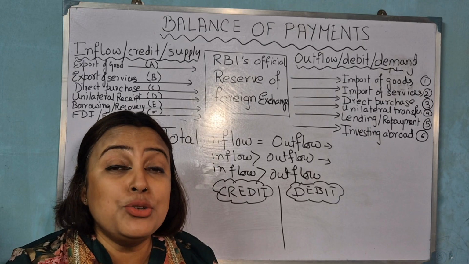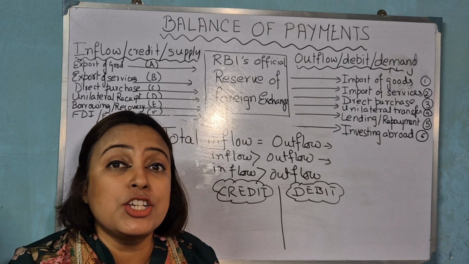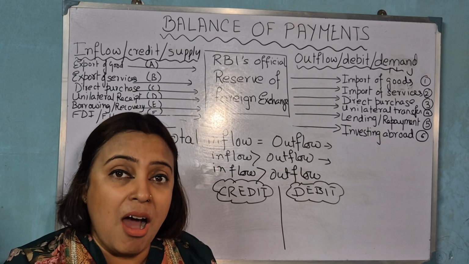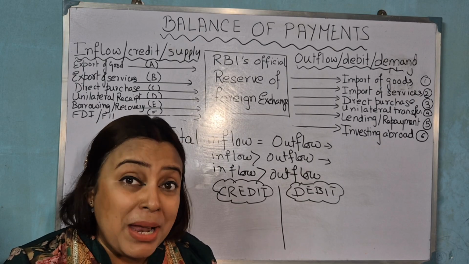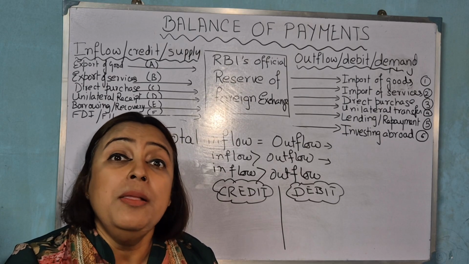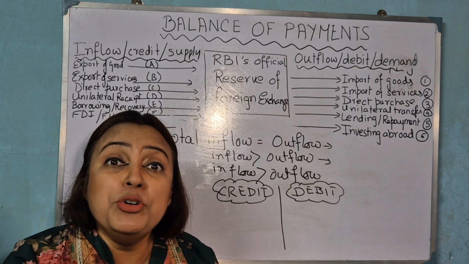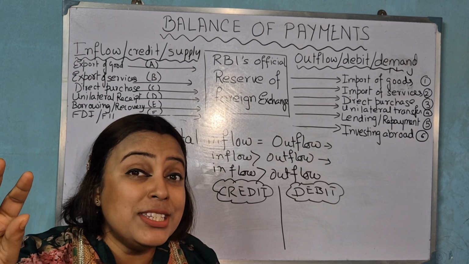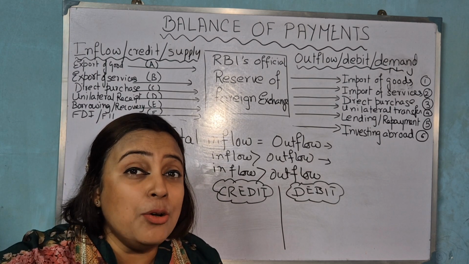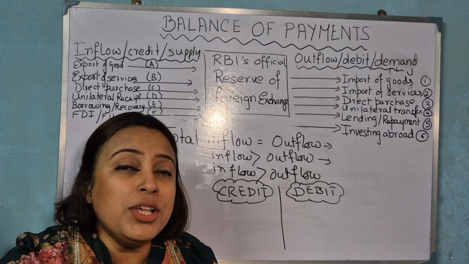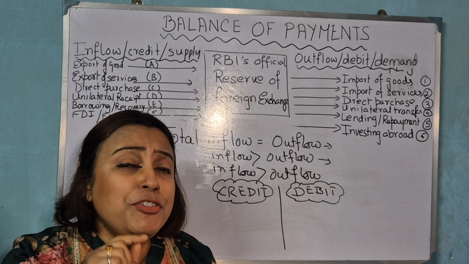If the question comes to you that official reserve transactions are typically capital account transactions, you are going to write yes, they are. Because whenever there is a surplus in the balance of payment account, the Reserve Bank of India puts the excess foreign exchange in the official reserve, from where they lend it out, showing a negative sign because of the outward movement of foreign exchange from the official reserve account.